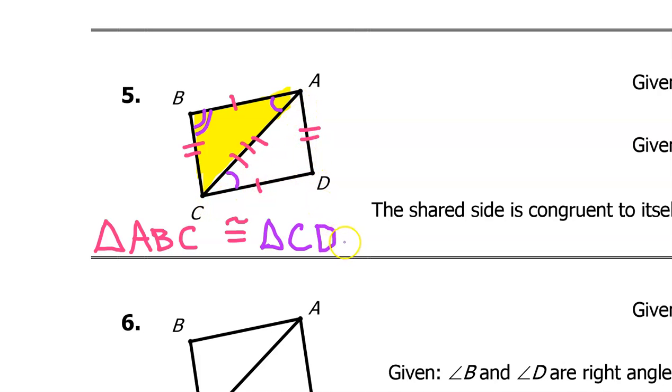So that just leaves angle A. But look, it does make sense because yellow angle C is right here. It's across from the single. Which angle is across from the single on the white triangle? White angle A. So yellow angle C corresponds with white angle A. Anyway, so it's congruent to triangle CDA.